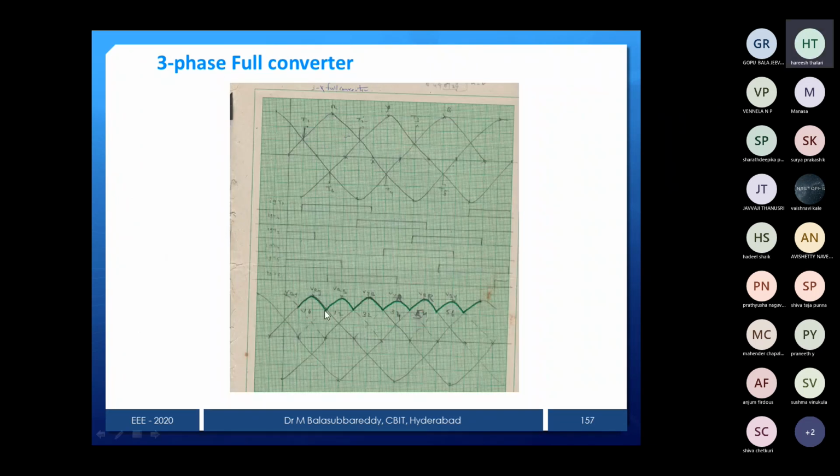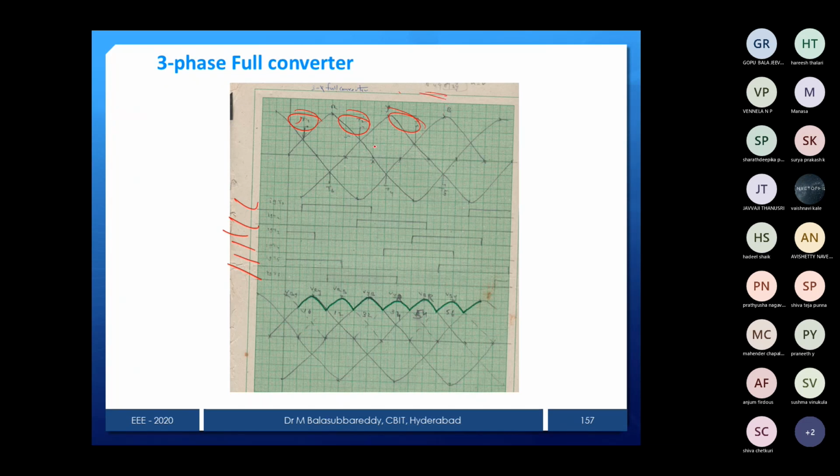You can see the graph sheet, how to provide the pulses separately. I mentioned here firing pulses IG1, IG2, IG3, IG4, IG5, IG6. This is the crossover for, let it be, IG1. Based on our diagram, the diagram representation is different. In that fashion also IG1, IG3, IG5, but in our case it may be different.